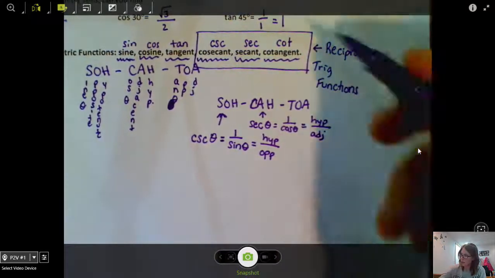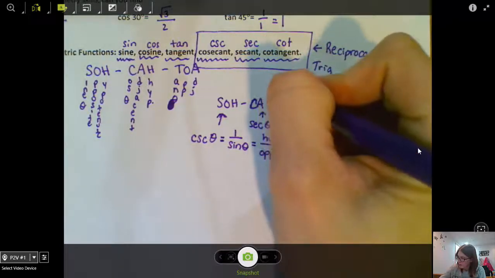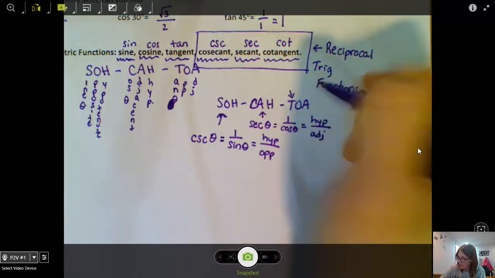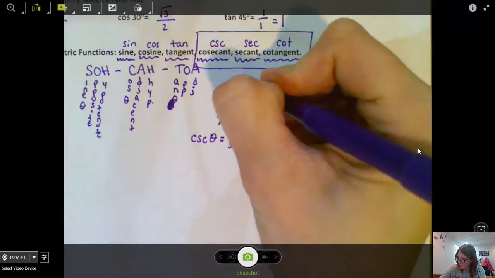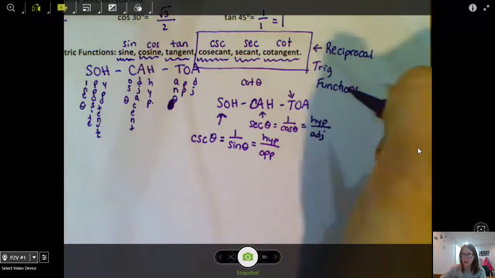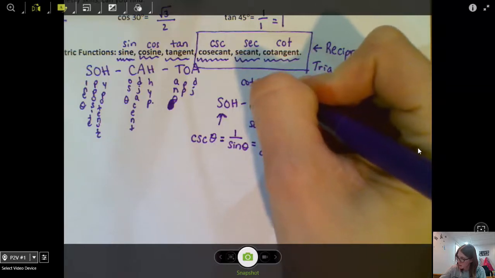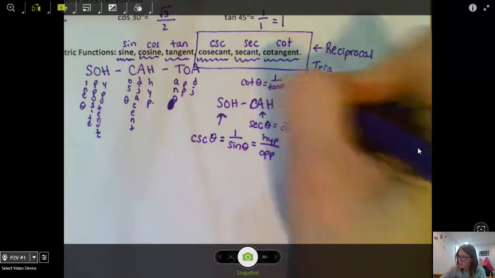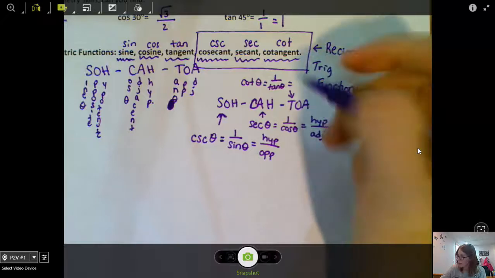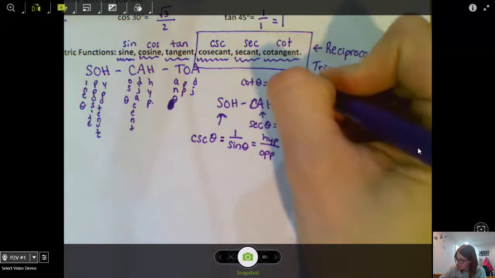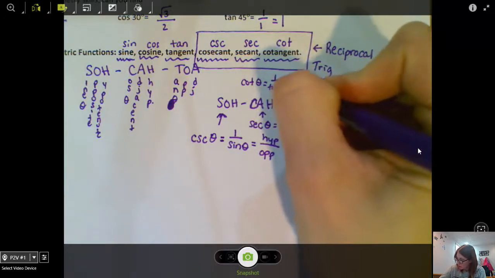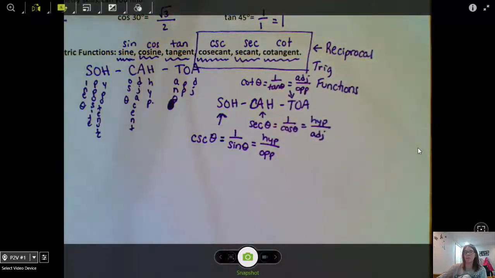And then lastly, cotangent is the reciprocal of tangent. That one's a little bit easier to remember just because they sound so much alike. Cotangent is 1 over tangent. And tangent's opposite over adjacent, so cotangent is the adjacent over the opposite.